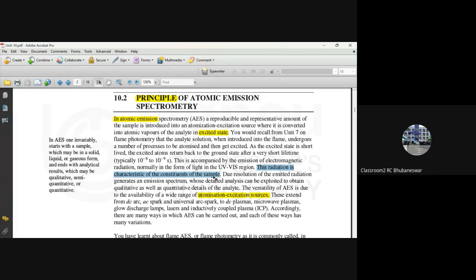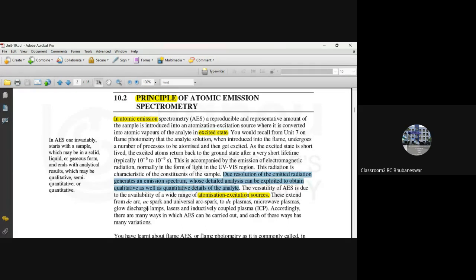So what kind of sample is in box A, what kind of sample is in box B, whatever radiation or spectrum you get will indirectly tell you about the constituents of the sample or the environment around the sample. So the resolution of the emitted radiation generates an emission spectrum whose detailed analysis can be exploited to obtain quantitative as well as qualitative details of the analyte. Understood?